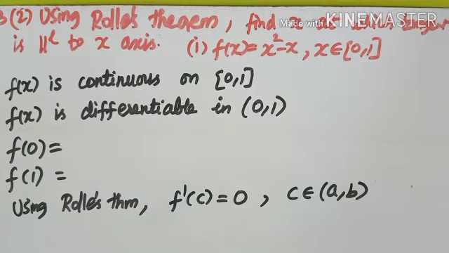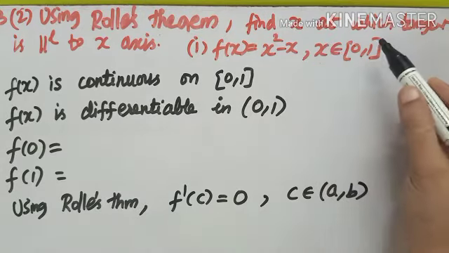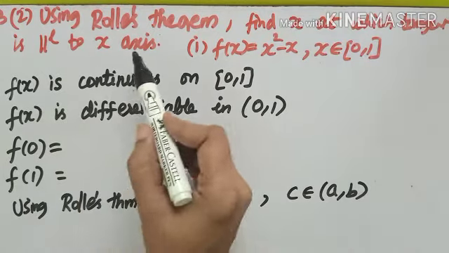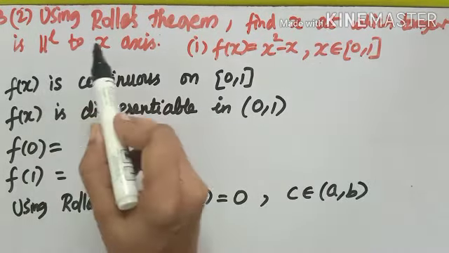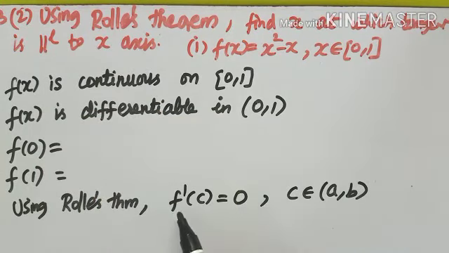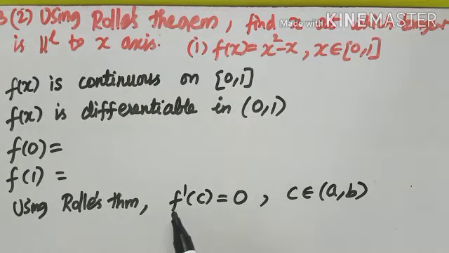Exercise 7.3, question number 2. Using Rolle's theorem, find x at which tangent is parallel to x-axis. Tangent parallel to x-axis tells me derivative equals 0. Using Rolle's theorem, f dash of c is 0 at c belonging to open interval a, b.